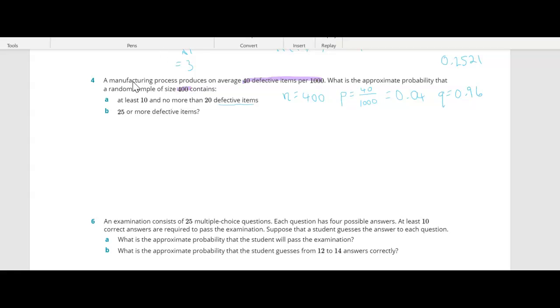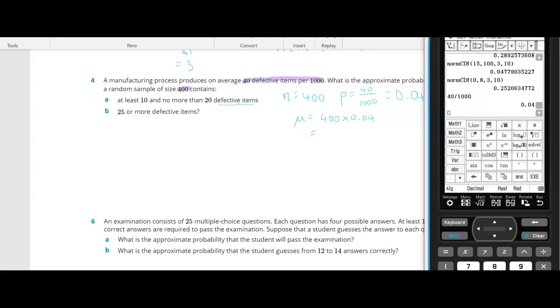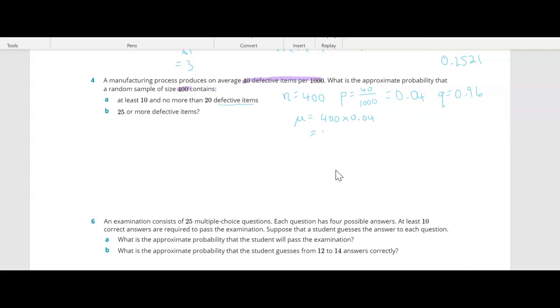Before we do that, let's do the mean and standard deviation. So the mean is n times p, so 400 times 0.04, so 16. And the standard deviation, I'll try not to forget the square root this time.